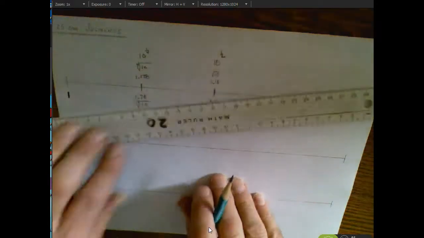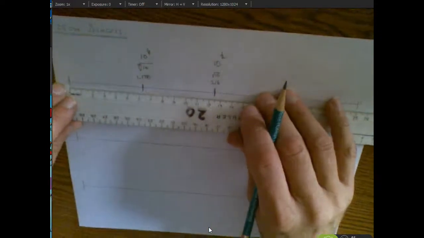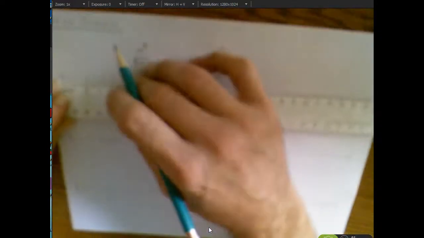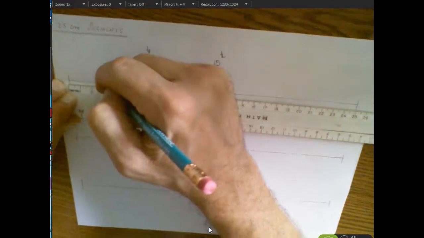How many centimeters is that in from the end? 1/4 in was 6.25, correct? Would you go at 3.125 centimeters in from the end? Okay, so let's all mark that. We're having to do our best to get 3.125.